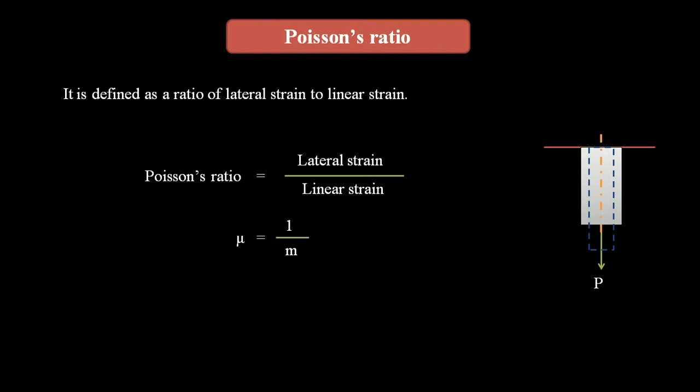So Poisson's ratio's main symbol is mu, and it can be written as 1 by m, for the ease of representing the value of Poisson's ratio. This reciprocal of m, that is the 1 by m representation, is used for Poisson's ratio. So remember, the symbol is mu and it can be represented as 1 by m, which is equal to the ratio between lateral strain and linear strain. That is about Poisson's ratio.